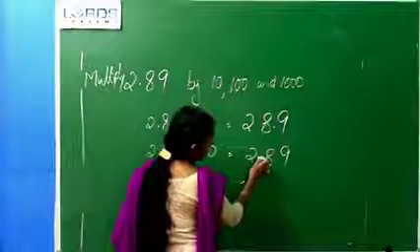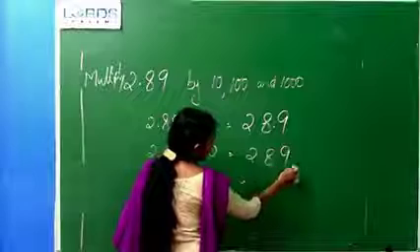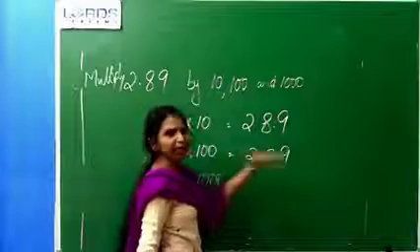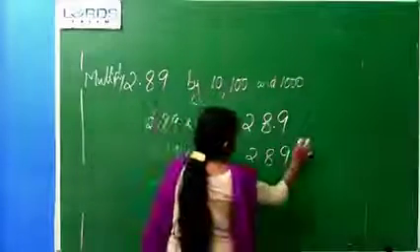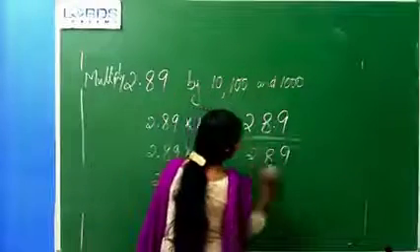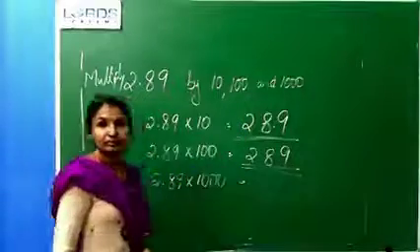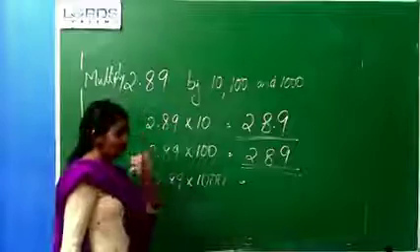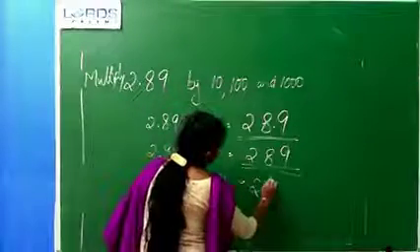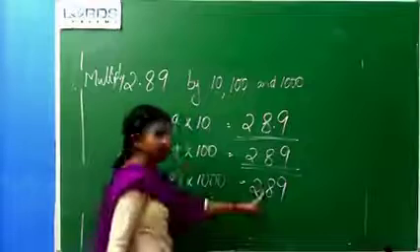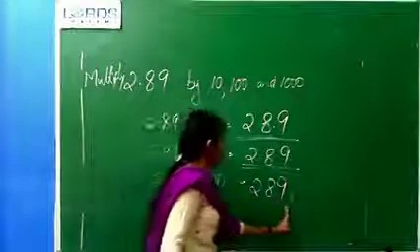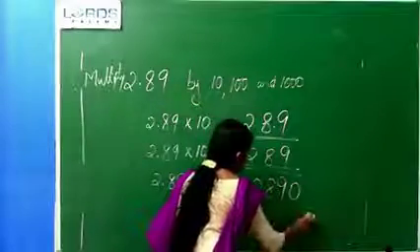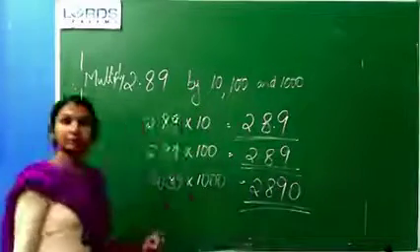So when it is moving from here to right side, 1, 2. So it will come as here. Do you want to write 289 point? No need, because the answer is 289. Okay. The next one, how many places? 3. The point was here. 1, 2. 3 is not there, so we are adding a 0 and this is our answer.